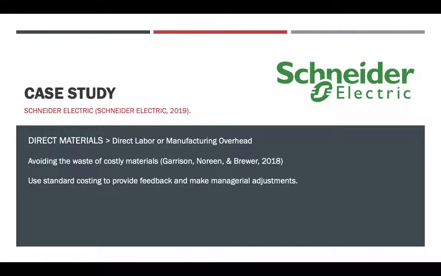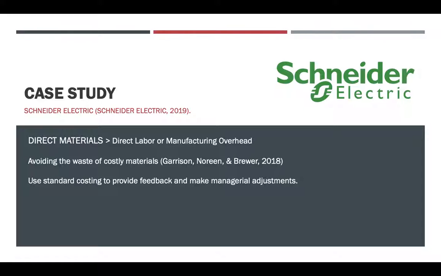In a case study of Schneider Electric, we see that their organization uses standard costing and variance analysis to provide feedback and make managerial adjustments internally. Schneider provides energy and automated digital solutions for efficiency and sustainability in other organizations.